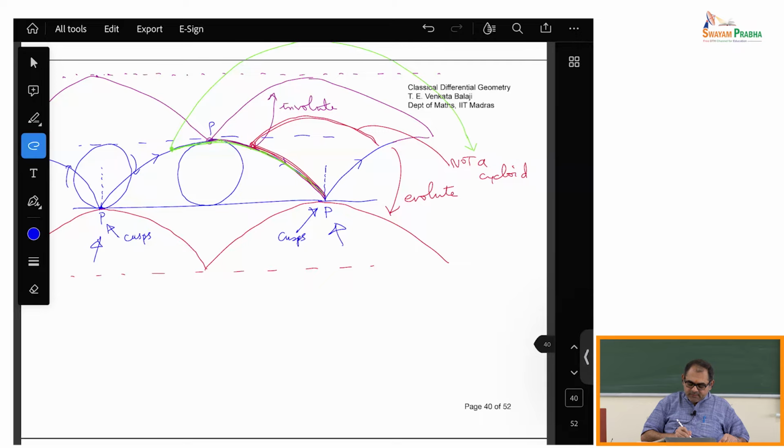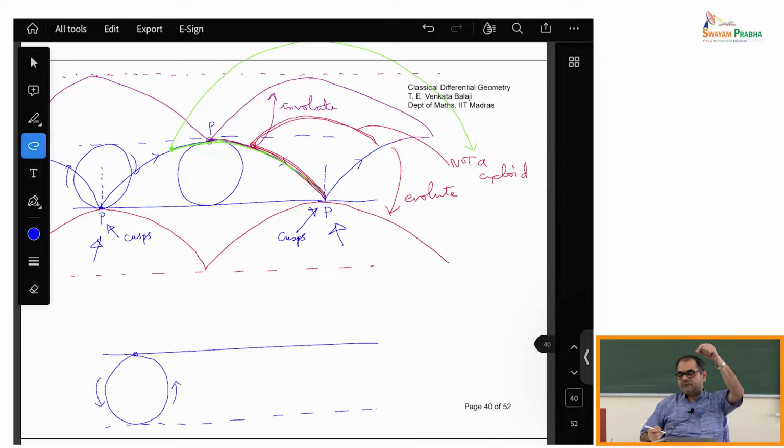So you just do it like this. Let me draw it like this. So this is a circle here, and then I'll draw this line, and I will trace this point as the circle rolls like this. You imagine it as hanging.